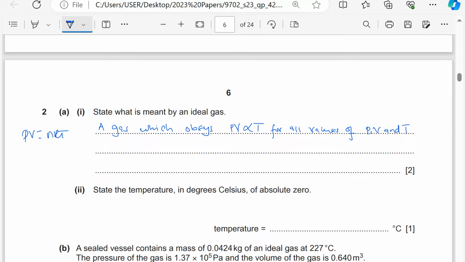Then you define the symbols. P is the pressure of the gas, V is the volume of the gas, and T is the absolute temperature.